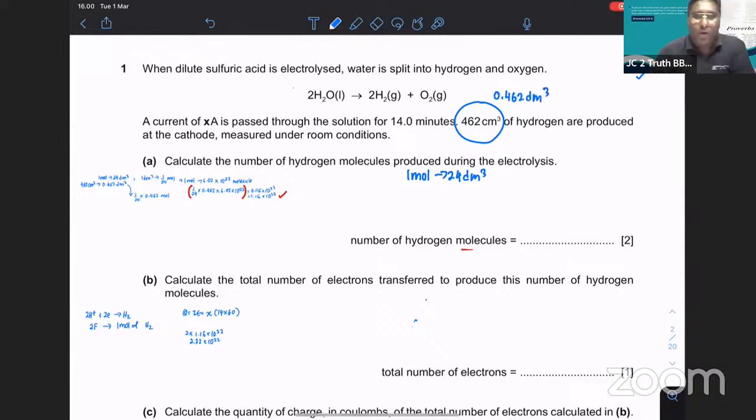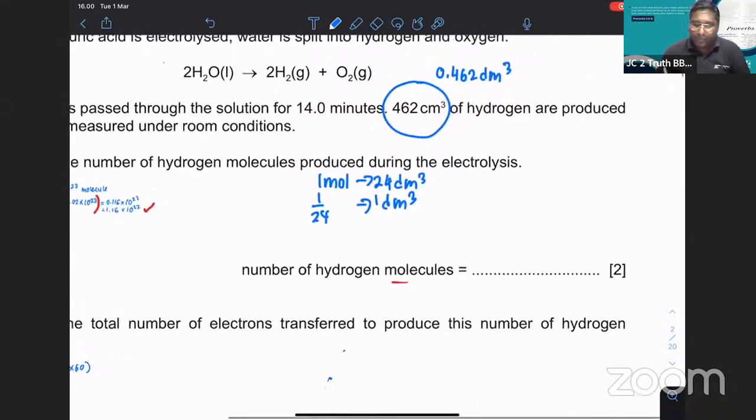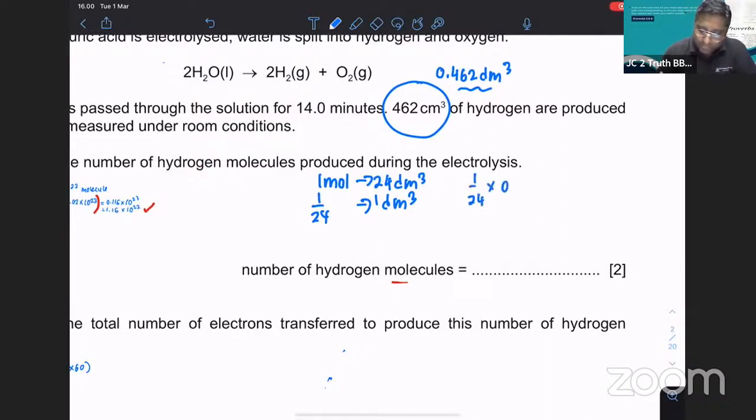You just need to convert. 1 dm cube is going to give you 1/24 moles. So if you are dealing with 0.462 dm cube, you just need to times 1/24 with 0.462, and you are going to get the number of moles involved.